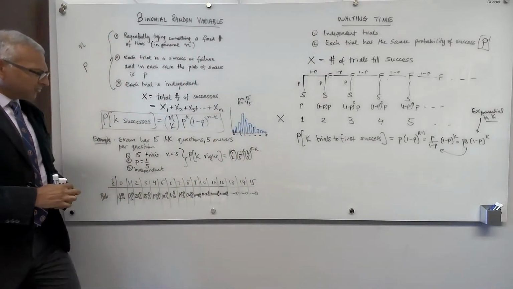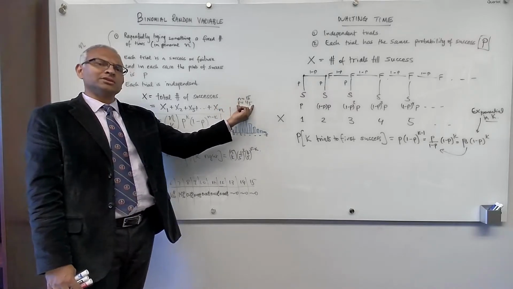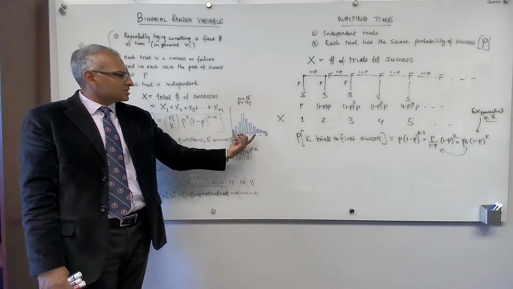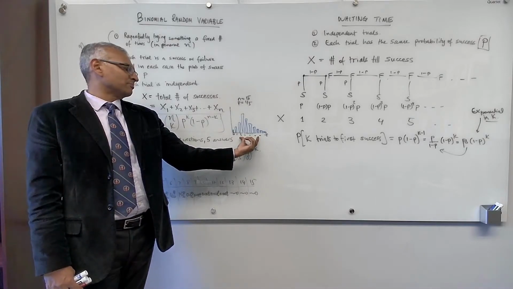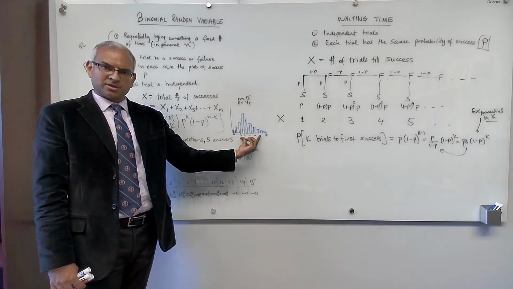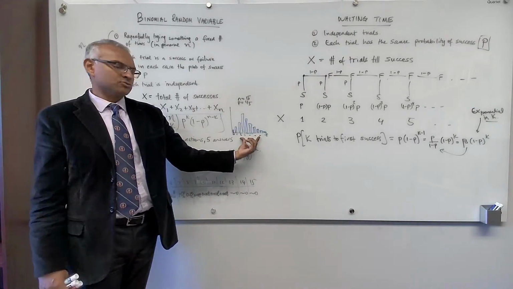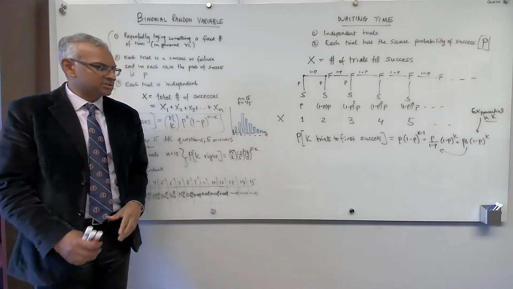And if you take n large and p a constant, let's say p not going to either 1 or 0, so as n becomes larger and larger, this approaches what you might be very familiar with as the bell-shaped curve, or the bell curve, which mathematically is what we call the Gaussian distribution.